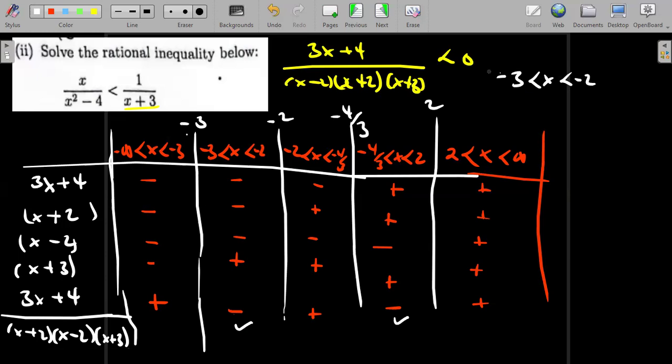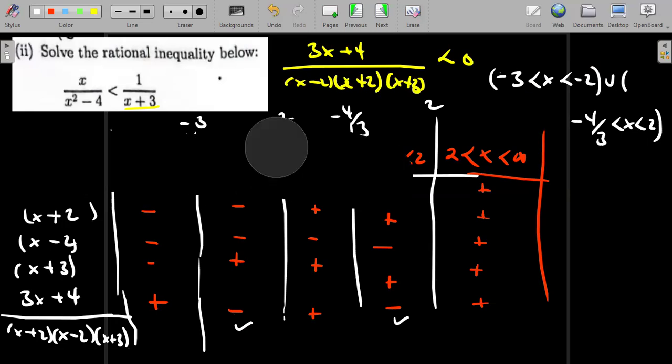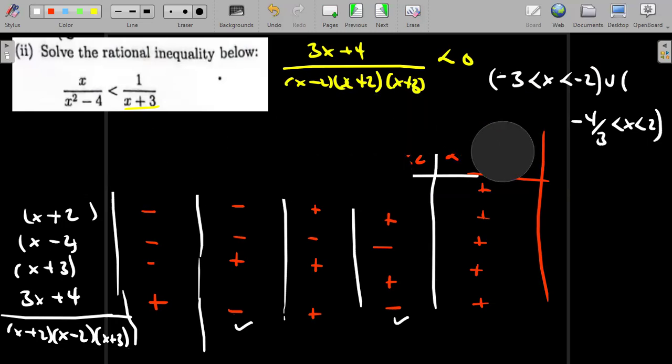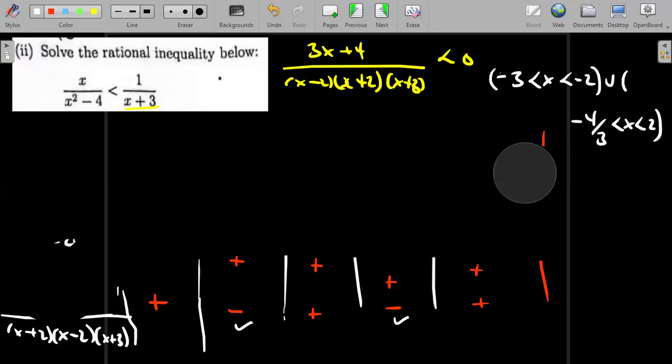You have this, and this is union with what? With the other one, which is -4/3 less than x less than 2. So I can write this in interval notation as, okay, let me just erase this part.